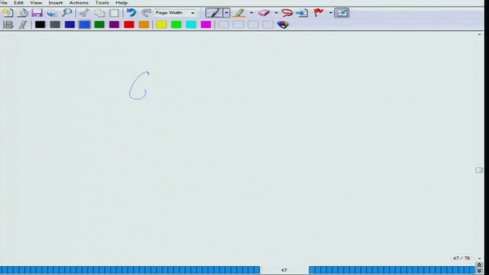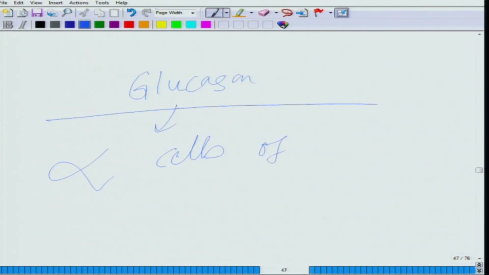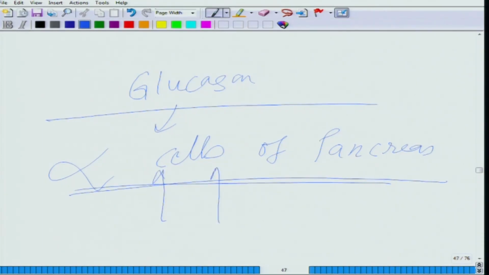So, glucagon, which is basically secreted by the alpha cells of the pancreas, and the secretion is in response to sympathetic innervation, okay, sympathetic stimulation.